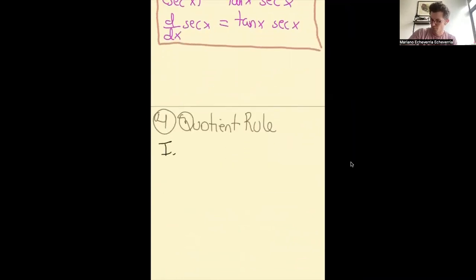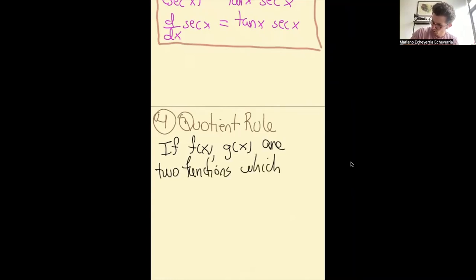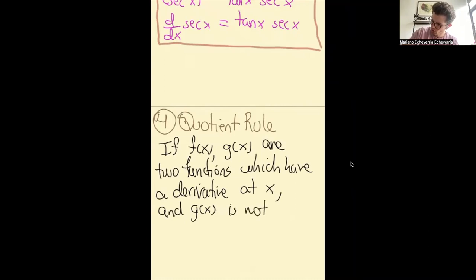So here, f of x and g of x are two functions which have a derivative at x, and g of x is not 0, then f of x divided by g of x has a derivative.